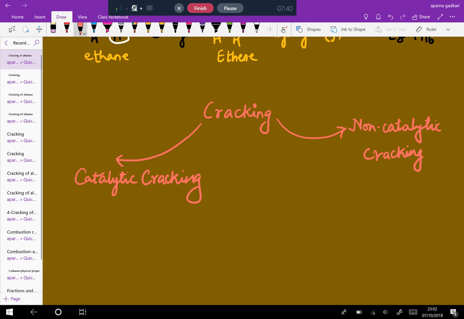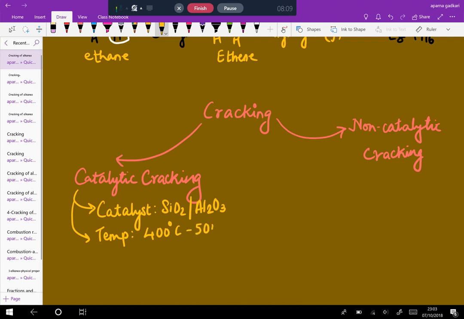Now, certain things to remember about catalytic cracking: the catalyst in this case will be SiO2 and Al2O3, that is silicon dioxide and aluminium oxide. The temperature is between 400 degrees Celsius and 500 degrees Celsius.